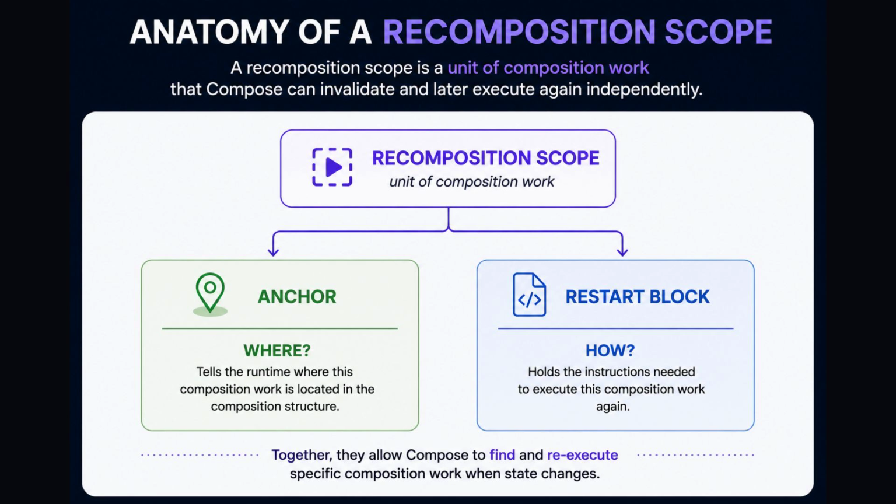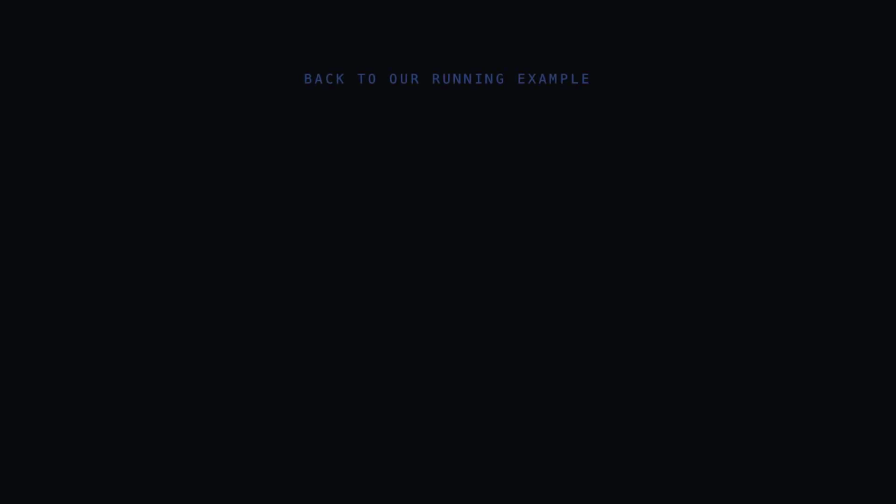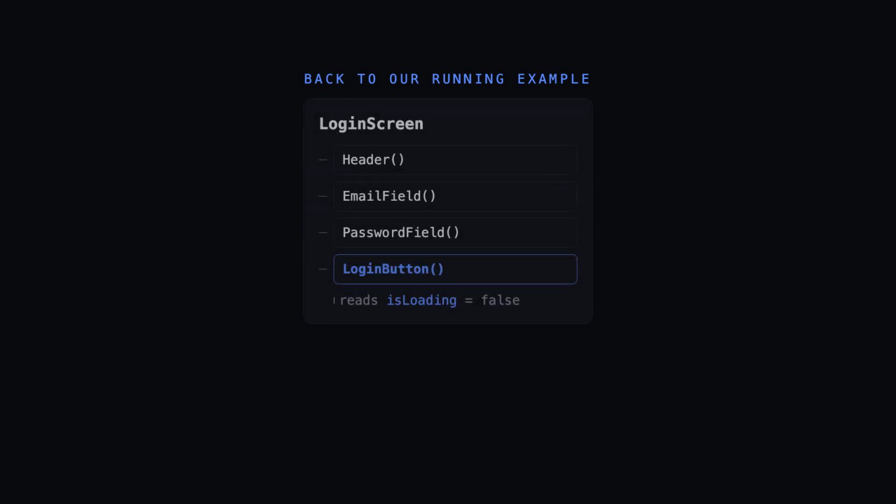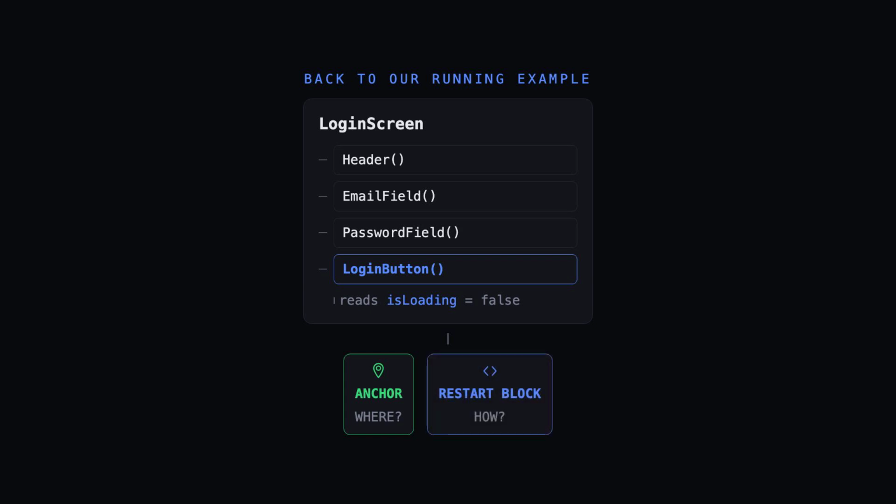The second is a restart block, which tells the runtime how this work can execute again. Oh, I love that. So if my source code is a massive cookbook, the anchor is like a physical bookmark jammed into page 42. Yep, exactly. And then the restart block is the actual recipe on that page, telling Compose how to bake that specific button again. You nailed it. It's not just runtime magic. It's literal structural changes made to your code by the compiler so it never loses its place.